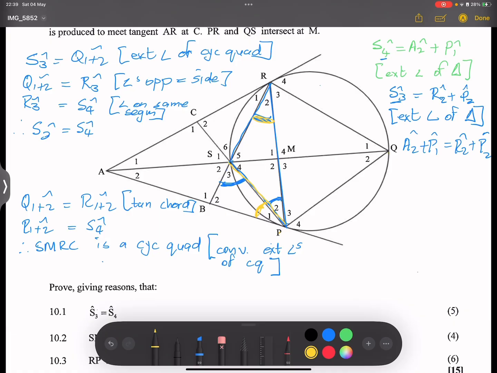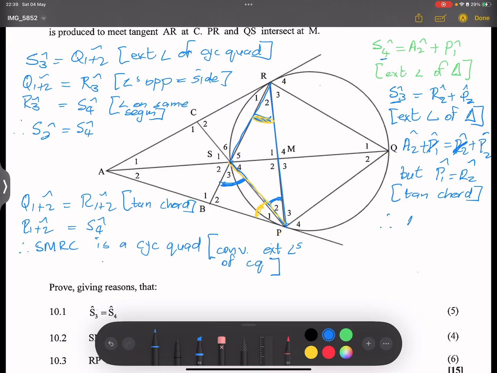But P1 is equal to R2, and that is because of the tan-chord theorem. Now if you note this, P1 is equal to R2, so therefore, what does it say?